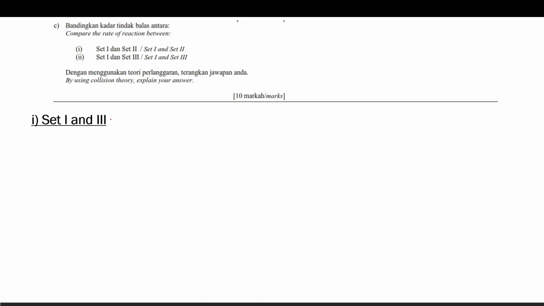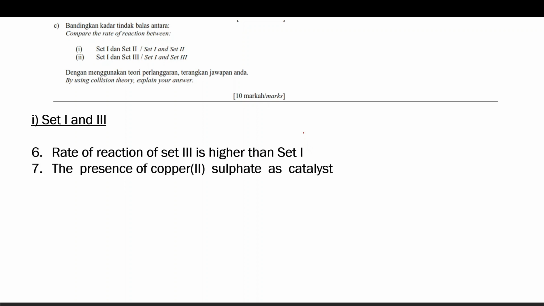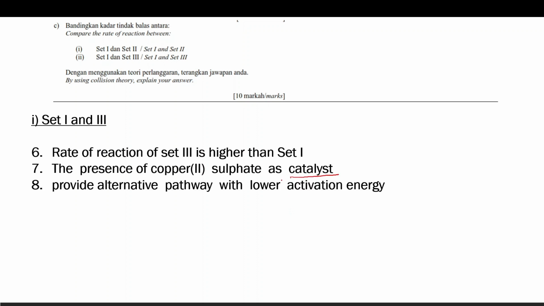For these two sets of experiment, the rate of reaction in Z3 is higher than Z1. Why? Because of the presence of copper(II) sulfate solution as a catalyst. You can mention the catalyst provides an alternative pathway with lower activation energy.